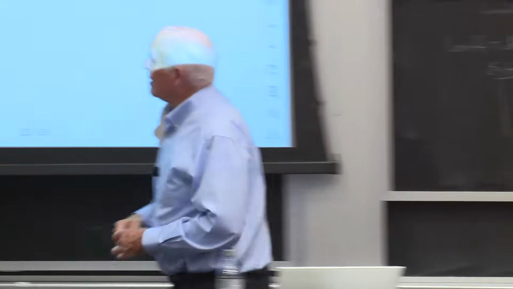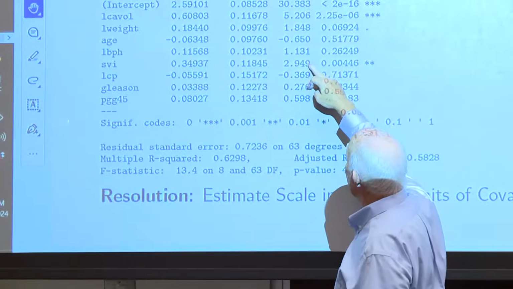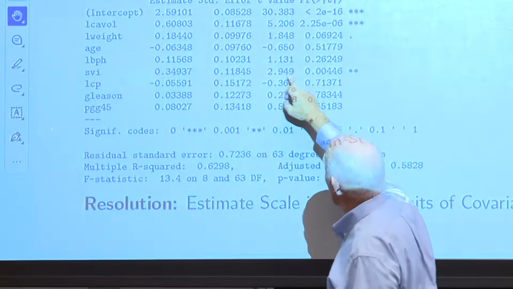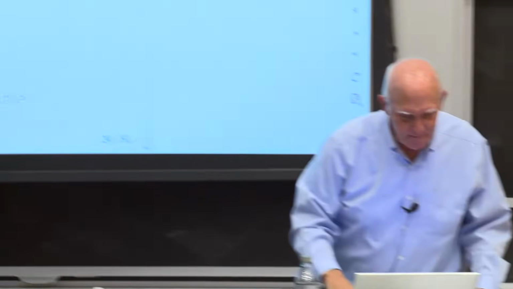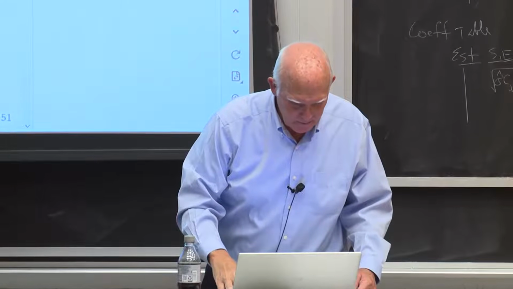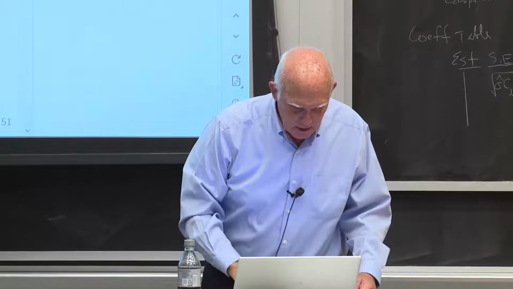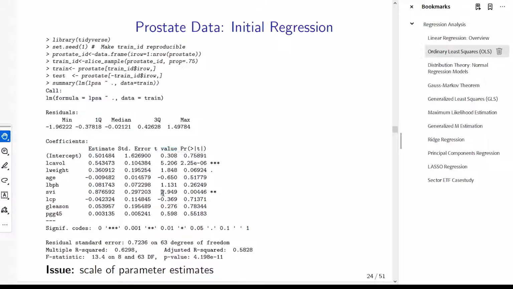If we pick, say, SVI, 2.949, and scroll back to the original units, the t statistics are identical across all the variables, and so are the p-values.